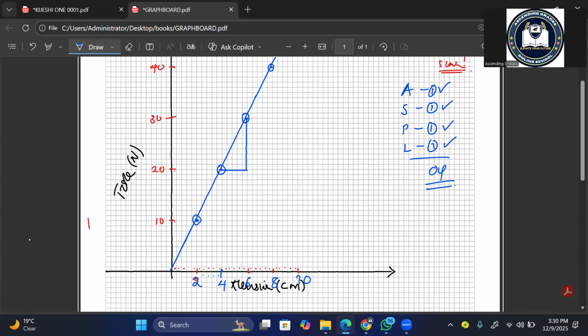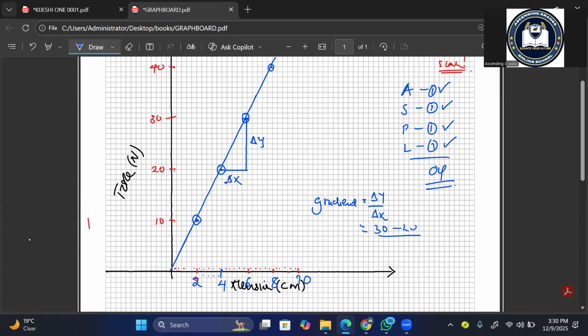Then you say you're having a change in y and a change in x. So my gradient will be change in y over change in x. So from this point, it will be 30 minus 20.